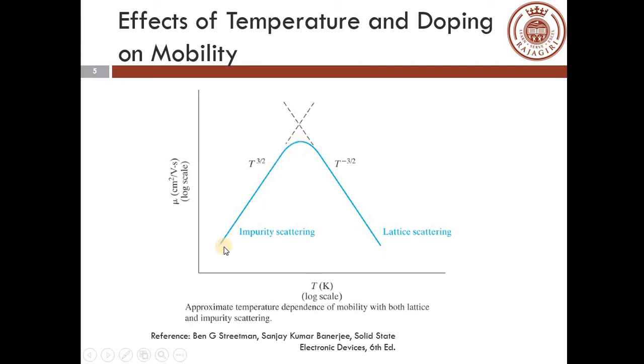The dependence of mobility due to impurity scattering on temperature is given by T raised to 3 by 2. And lattice scattering is seen to be dominant at higher temperatures, and we can see that the mobility decreases with increase in temperature, and the dependence of mobility on temperature is given by T raised to minus 3 by 2.